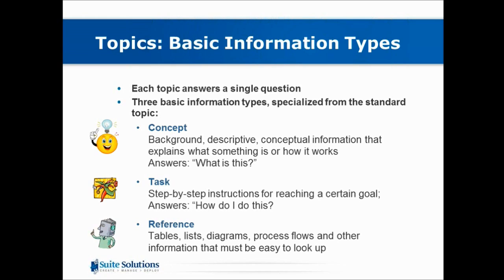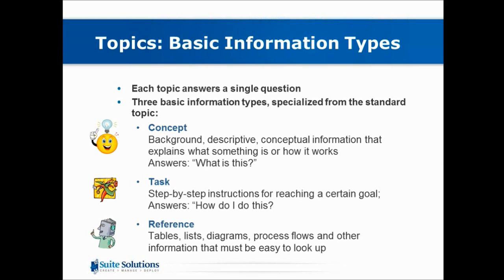Okay, so basic information types are concept, task, and reference. A concept is a type of topic that gives background or descriptive information that explains what something is or how it works, or basically answers the question, what is this? A task, which is generally the most used topic, is a basic procedure, step-by-step instructions for how to do something, or really answering the question, how do I do this?